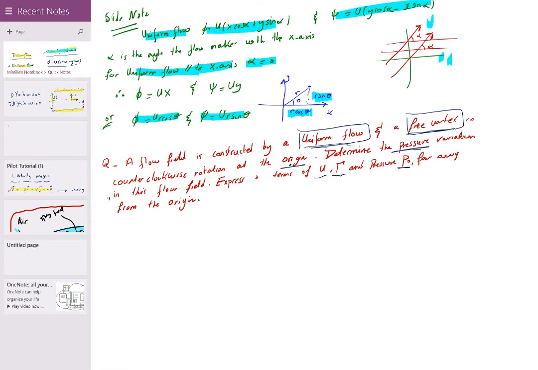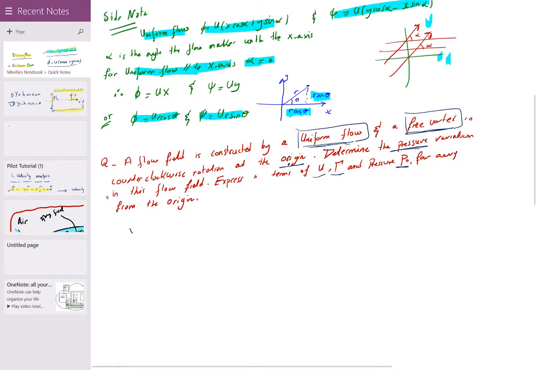So, start step 1. I have phi as a combination, a superposition, of two functions: phi uniform plus phi of a free vortex.